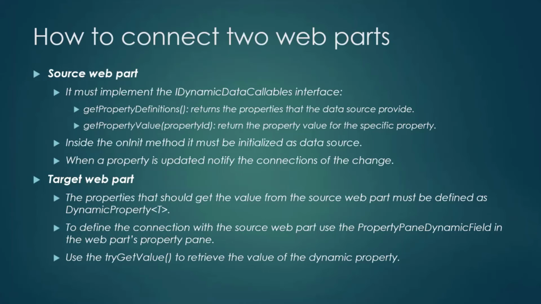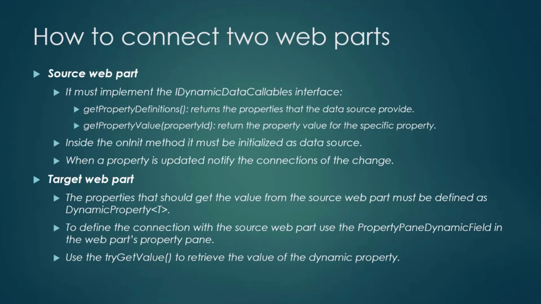Returning to the slides, just a simple wrap up. The source web part must implement the IDynamicDataCallables interface. And from this interface, you want to implement the getPropertyDefinitions to return the available properties from that web part, and the getPropertyValue with the property ID that we want to retrieve the value of.